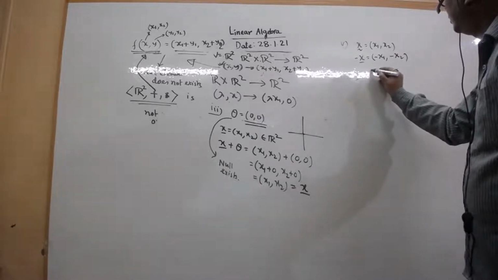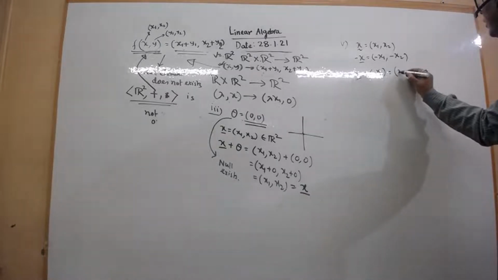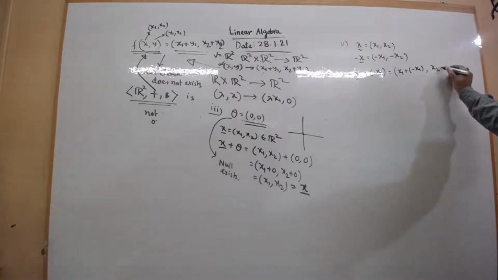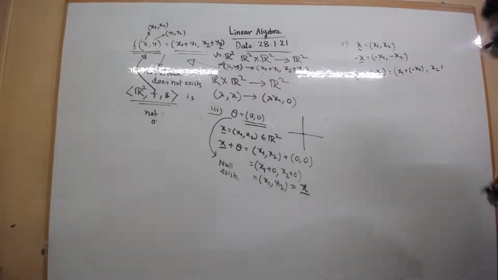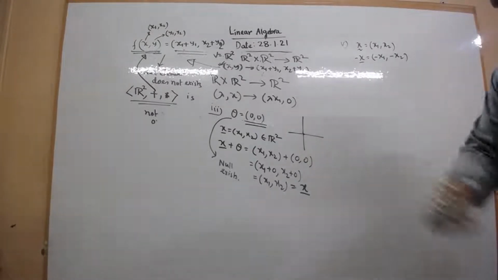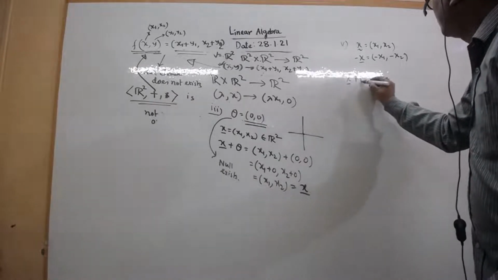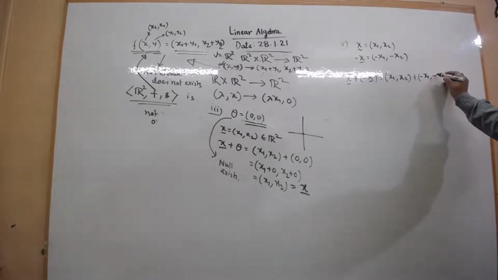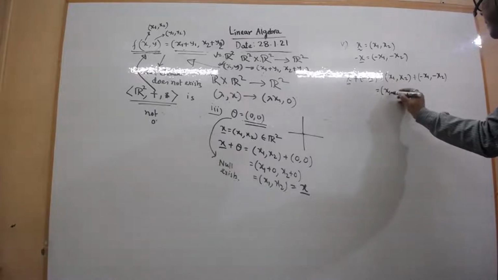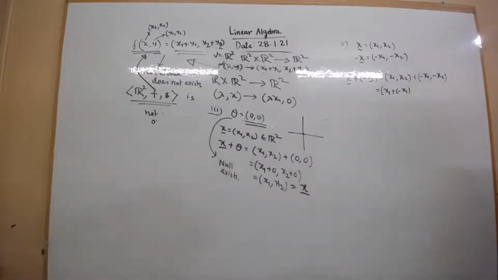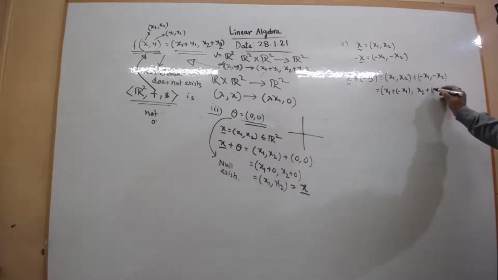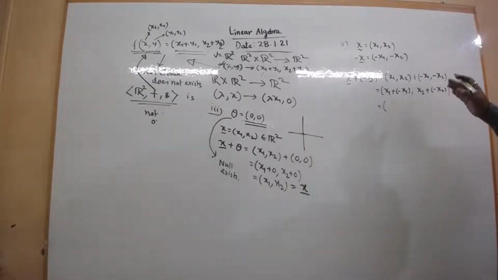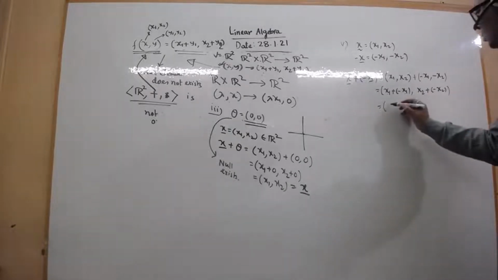Now, according to the definition of vector addition, since x1, x2 are real numbers, and the real numbers form a field under addition, the sum should be 0.